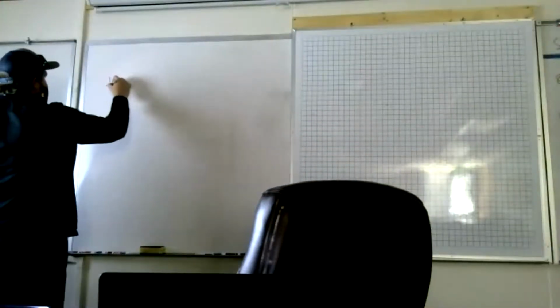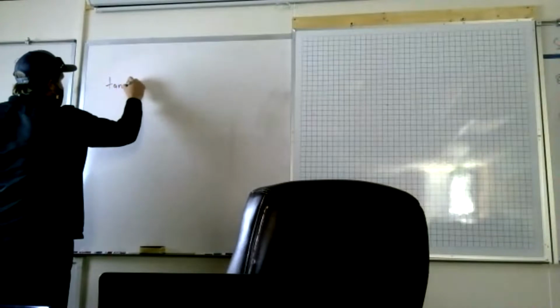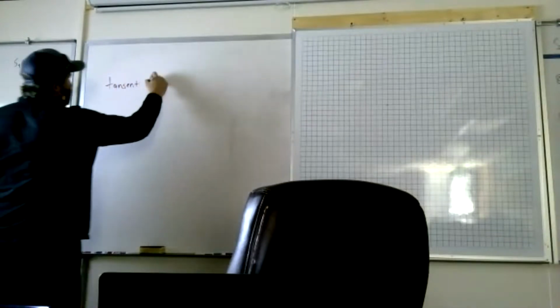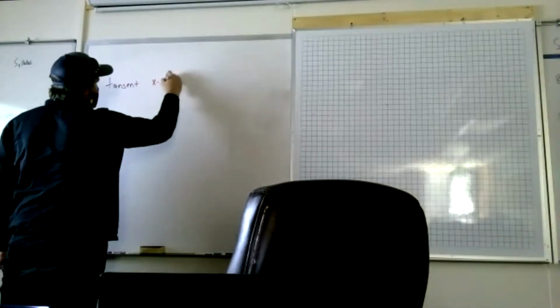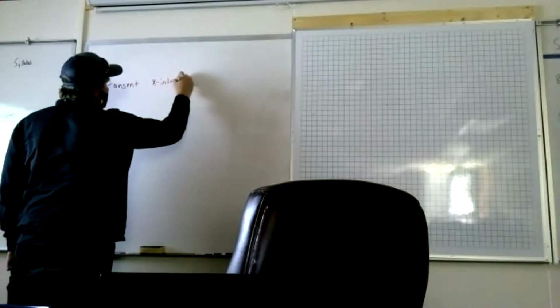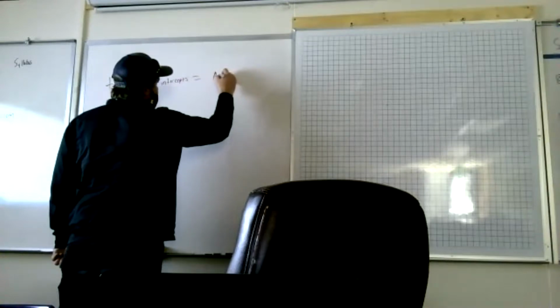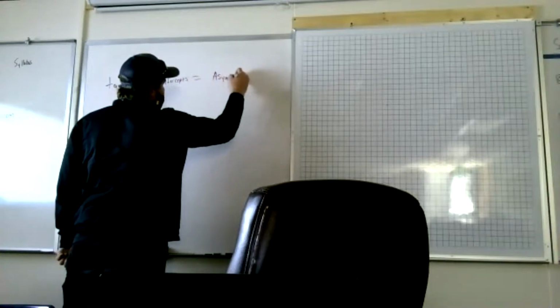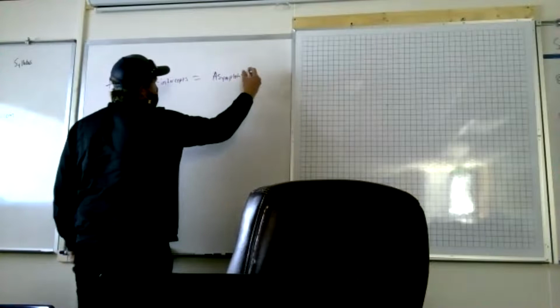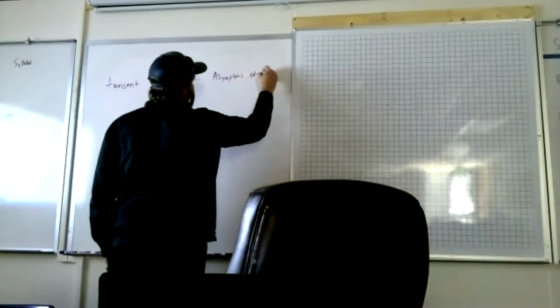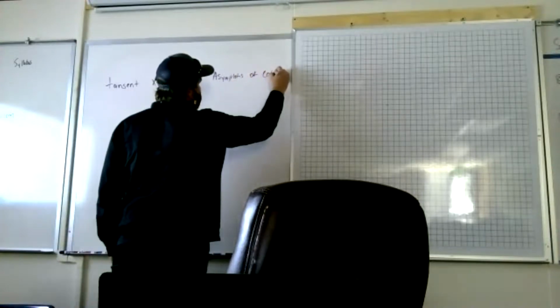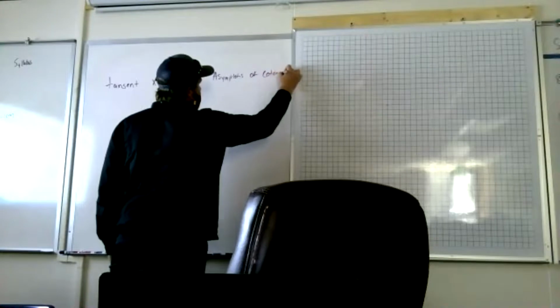Here, I've got to write this. The graph of tangent, right? Their x-intercepts equal the asymptotes of cotangent, right?